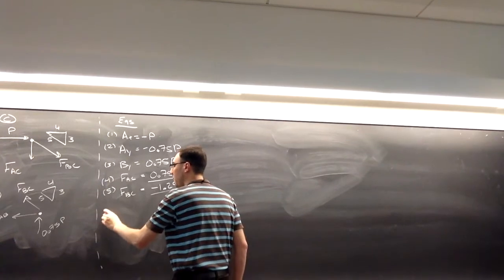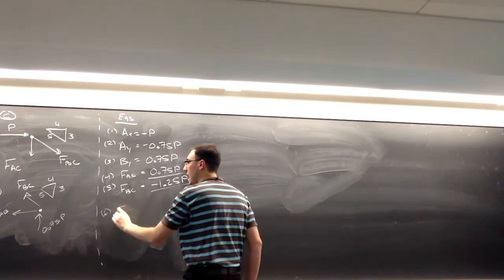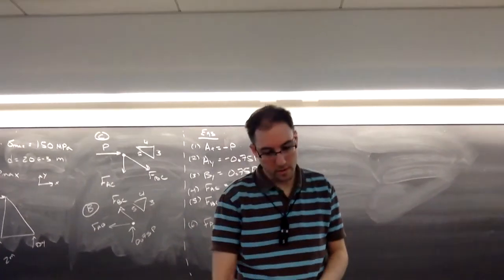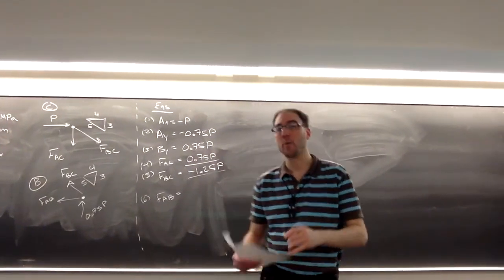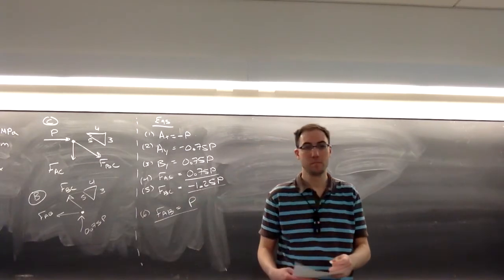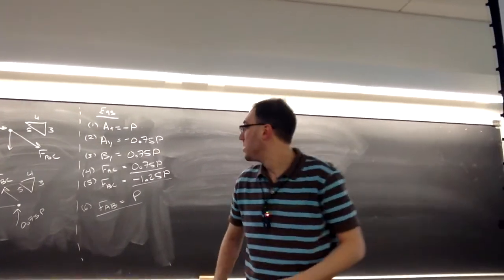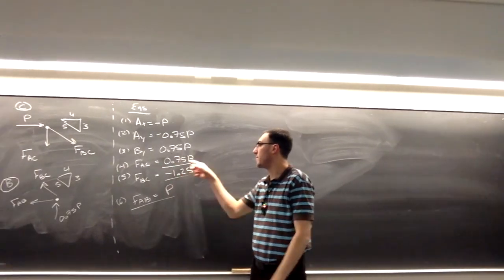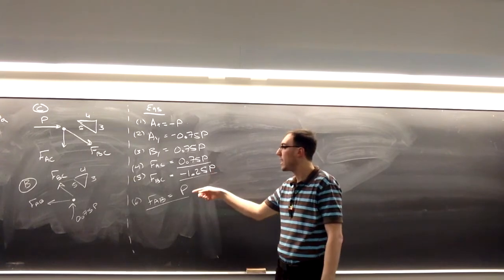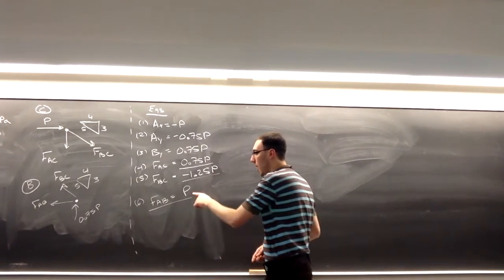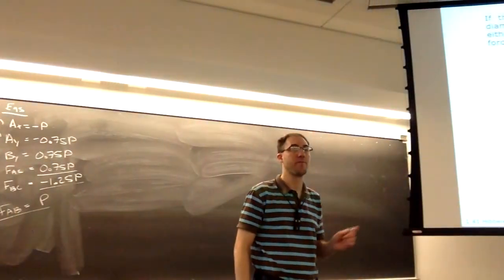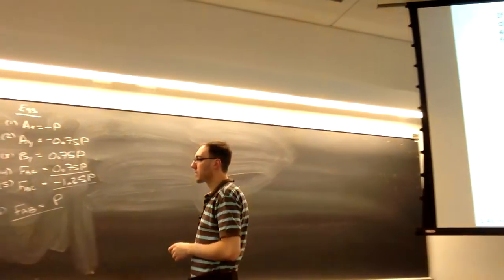So finally, if I sum forces, say, in the x direction, I can get FAB is going to be equal to P. So the three internal forces, 0.75 P, negative 1.25 P, this will be in compression, and FAB is equal to P, which is going to be in tension. So I have all the internal forces in terms of that applied load P.